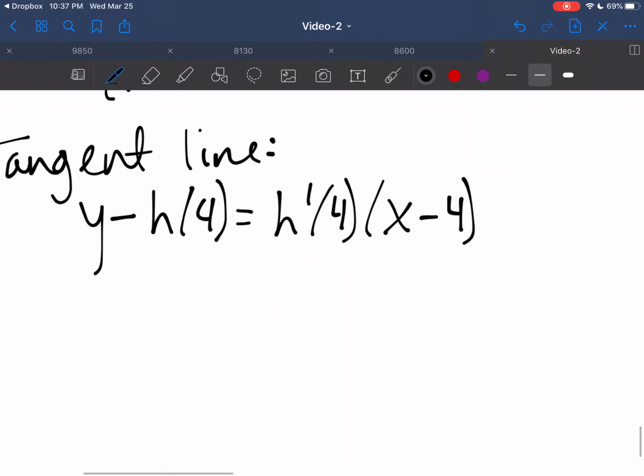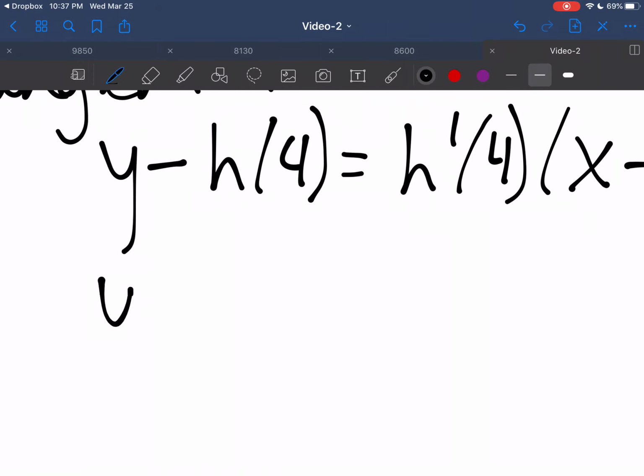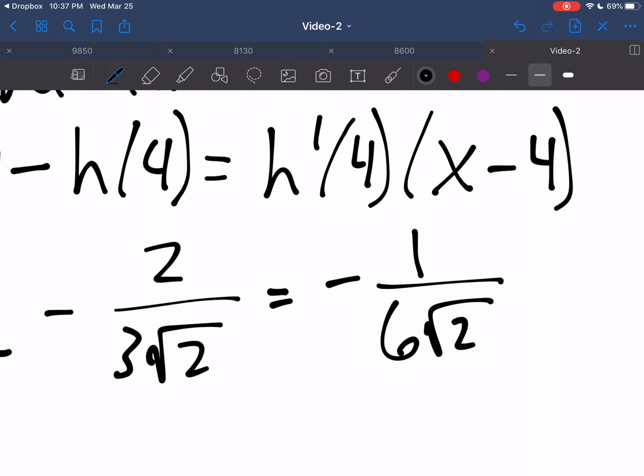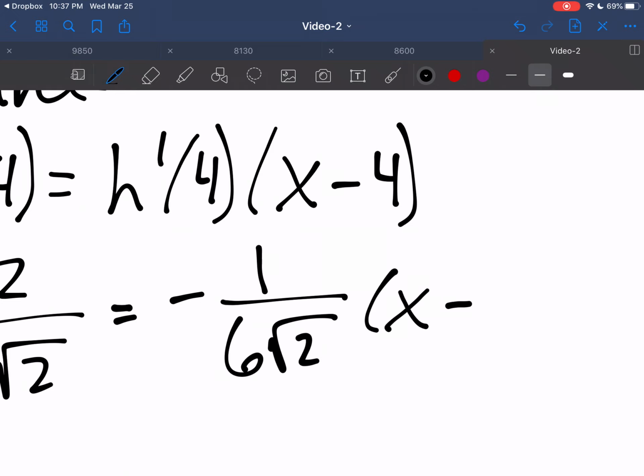Okay, so we can use those values down here. So y minus 2 over 3 square root of 2 is equal to minus 1 over 6 square root of 2 times x minus 4.